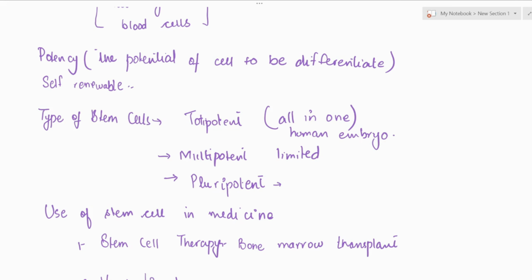Though the name is multi, the function is not multi. Clear? Pluripotent is the one in which a stem cell can differentiate into all of the body cell types. For example, blood has different types, so it can develop into different types of blood cells.